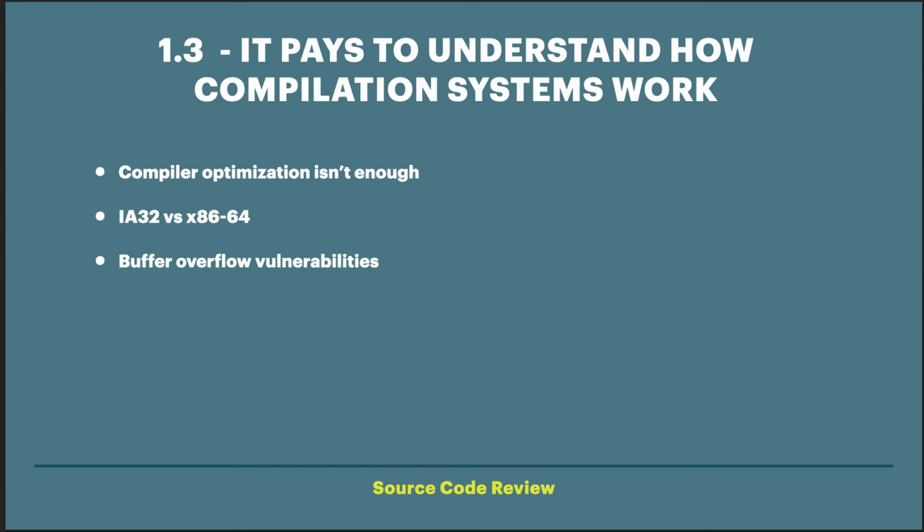Finally, you have buffer overflow vulnerabilities. A buffer is basically a way of storing data, and buffers have fixed sizes. So if you store more than a buffer can handle, you're essentially overriding some data somewhere.